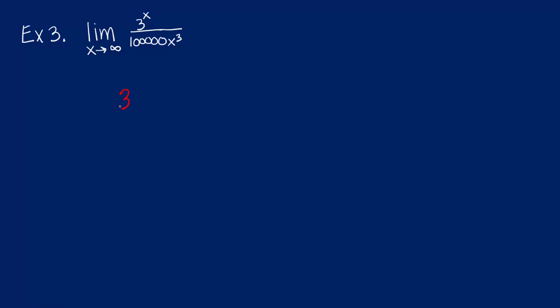3 to the x. That's a bunch of 3s being multiplied, right? That's not going to change. Well, what's happening in the denominator? There's only one of those 100,000s. That would get multiplied by what? If I had 4 of these 3s, that would mean that x is a 4 here.